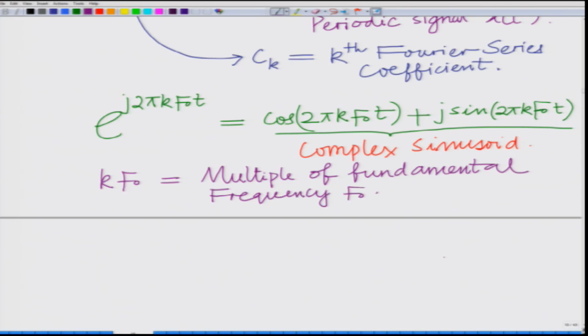This is a multiple of the fundamental frequency f naught, the kth multiple of the fundamental frequency f naught, correct. So, summation c k e to the power of j 2 pi k f naught t is basically nothing but a linear combination of these various complex sinusoids at either frequency f naught or k f naught. K f naught is basically a multiple of the fundamental frequency f naught. So, this is a linear combination.